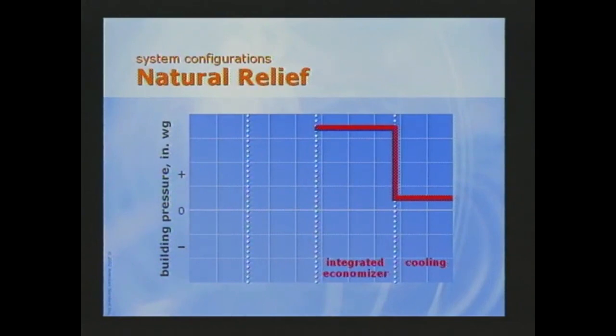How high it rises depends on how tightly the building is constructed. In the modulated economizer mode, intake airflow varies, so building pressure varies between this high value and the normal level. During the heating mode, the system again brings in the minimum quantity of outdoor air. Depending on how cold it gets outdoors, natural relief may result in positive or negative pressure during this mode.